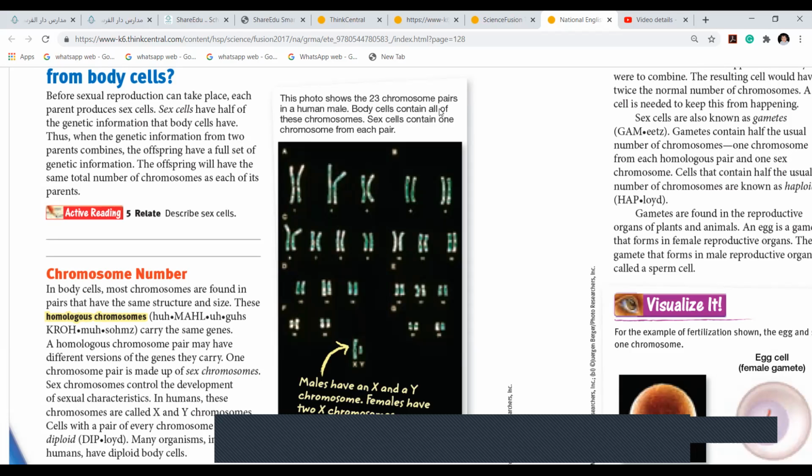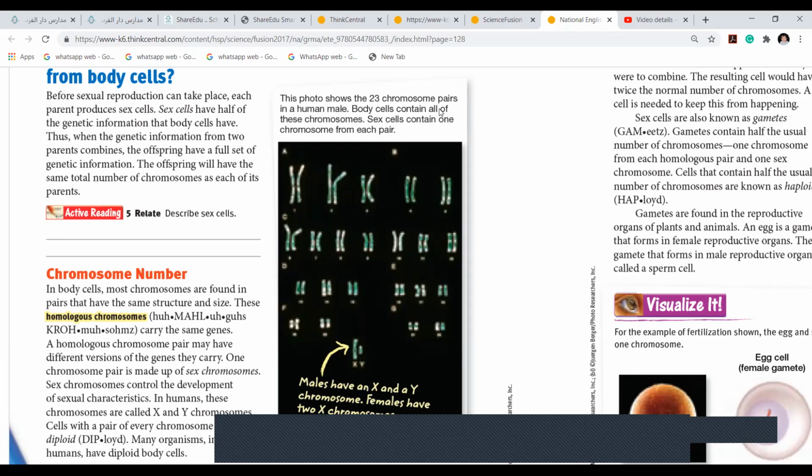Pair means one set of chromosomes. It means it has 2 chromosomes inside. So 23 times 2 is 46. Exactly, 46. Every human, every boy, every girl, every male, every female, they have 46 chromosomes in their body.